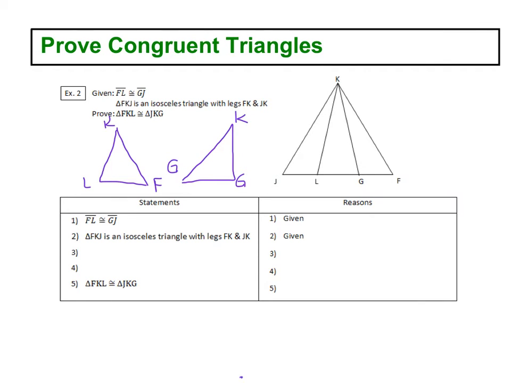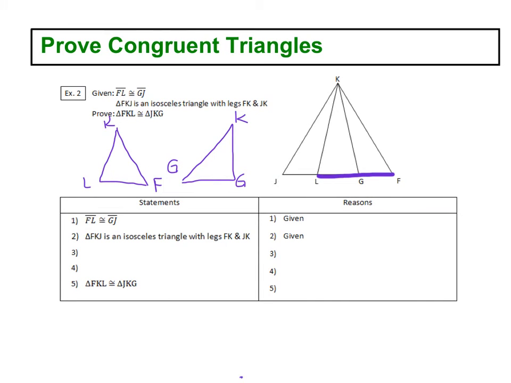Alright, so let's go ahead and start with our given information. We know that FL is congruent to GJ. So if you look at your big triangle, here is FL, I'll make it a little bit thicker, here is FL right here.